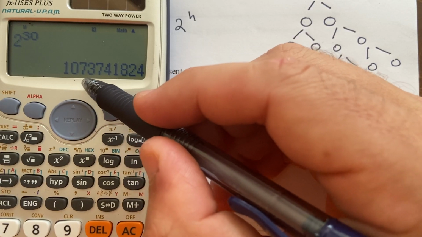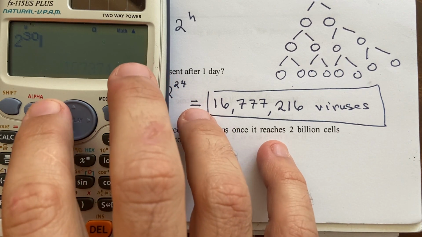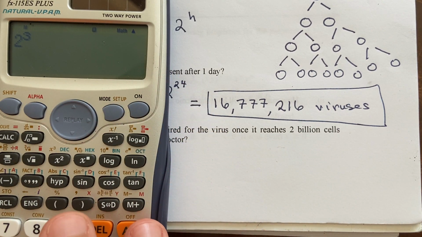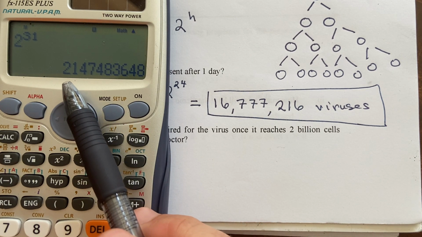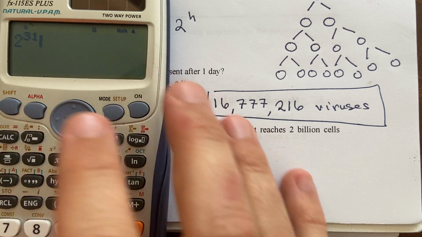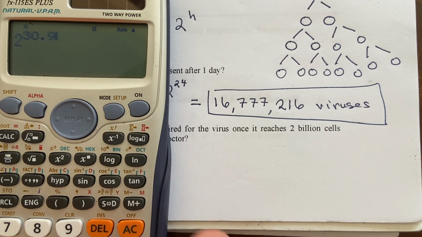So that would be 73 million. So that would be 1 billion. So let's see, if I go to 31 hours, I'm now up to 2 billion. So I'm going to try to hone in on where this occurs a little more precisely. So maybe 30.9.